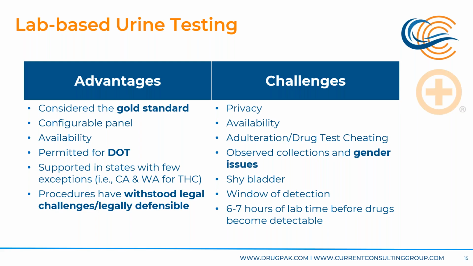However, even if the lawmakers in those states thought they were creating a law that would prohibit drug testing for marijuana, they left a giant loophole, which is that with oral fluid testing, you're not detecting the metabolite, you're detecting the parent drug. You're detecting delta-9 tetrahydrocannabinol, the parent drug.